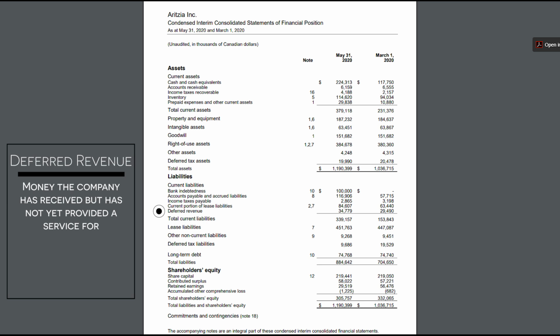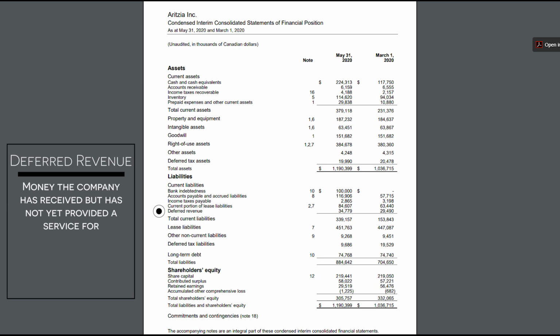So next line, deferred revenue. Much like prepaid expenses, deferred revenue is essentially the opposite. This is money that Aritzia has received to deliver a product, deliver goods, whatever it may be, but they haven't actually delivered what has been paid for.